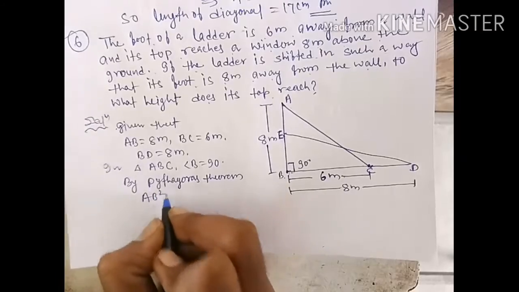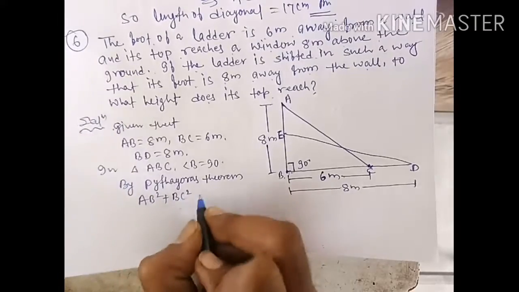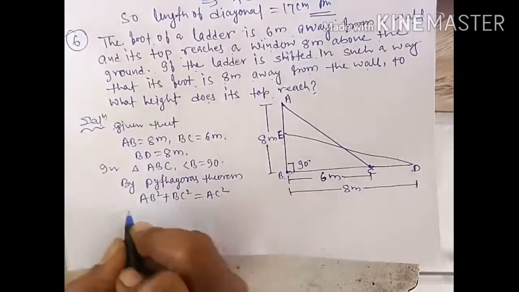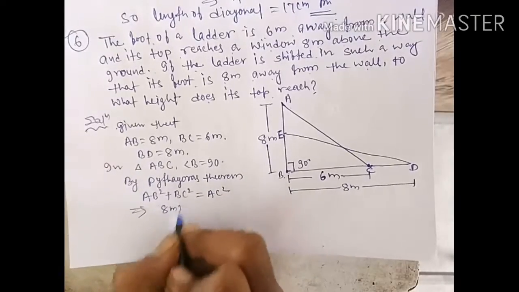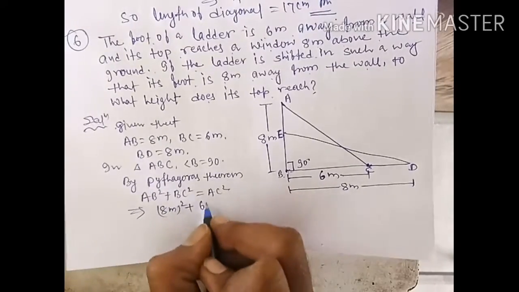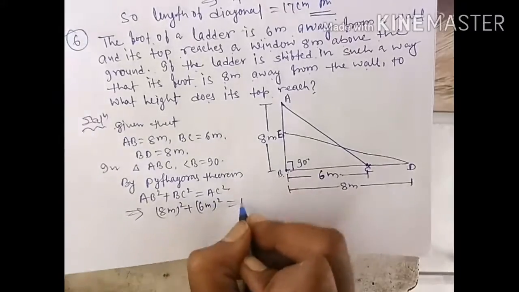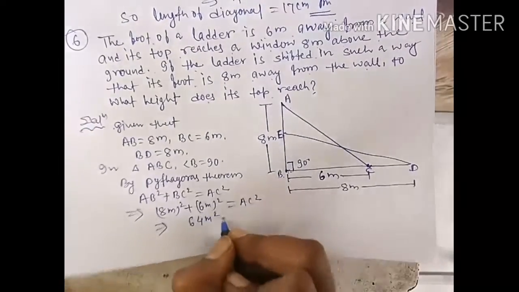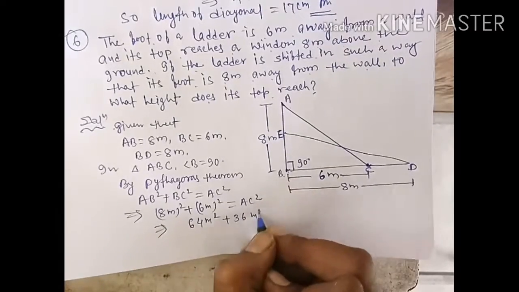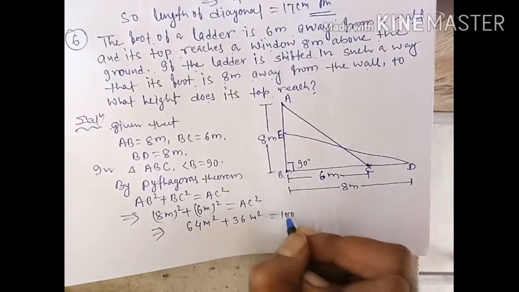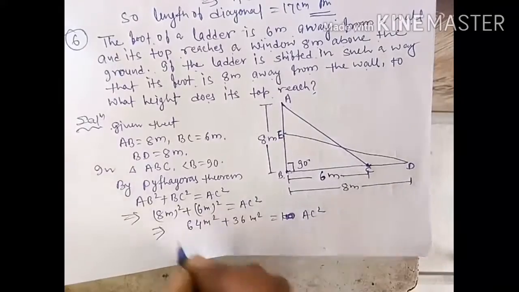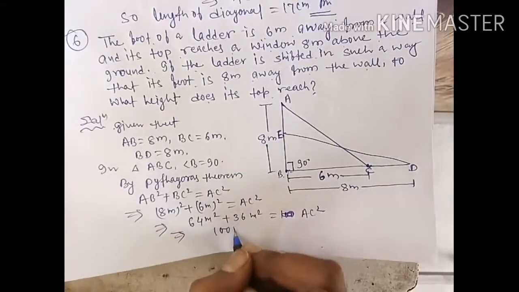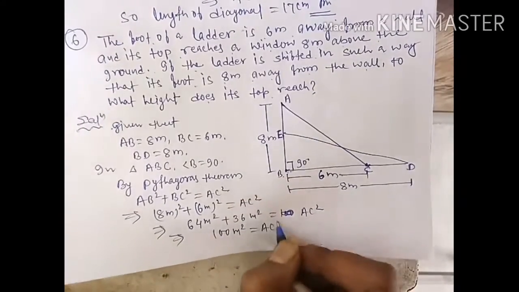AB square plus BC square is equal to AC square. Here AB is 8 meter square, BC is 6 meter square and AC square. So 64 meter square plus 36 meter square is equal to AC square. After adding we get 100 meter square is equal to AC square.